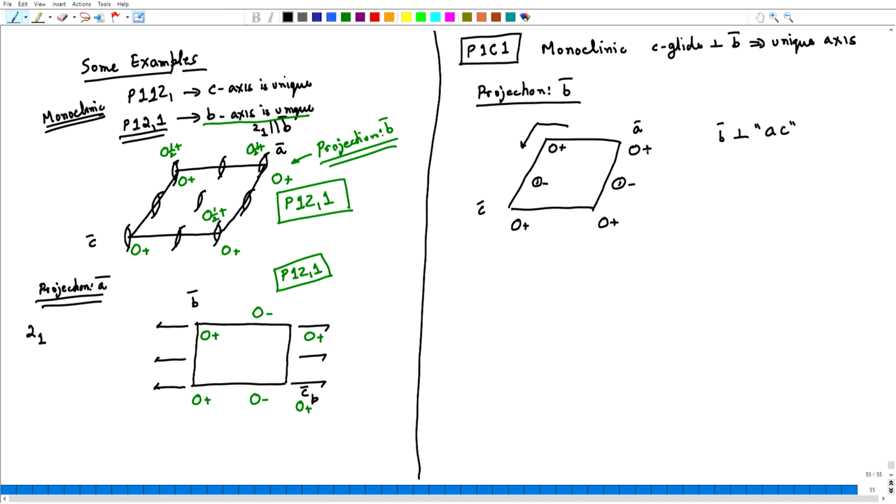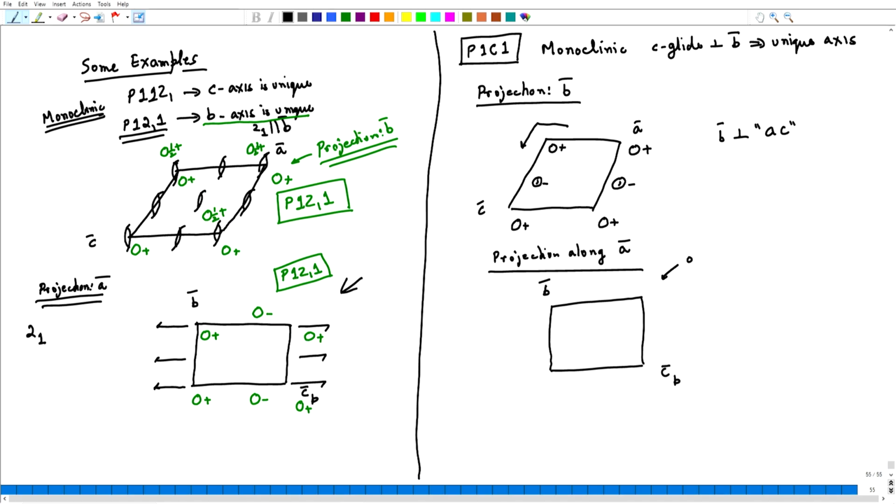We can complete the space group diagram in this fashion. But now let us do a projection along A, as we had done here. So, I have my B vector here, this is a projected C vector and this is my origin here. So, my glide plane is parallel to the AC plane.